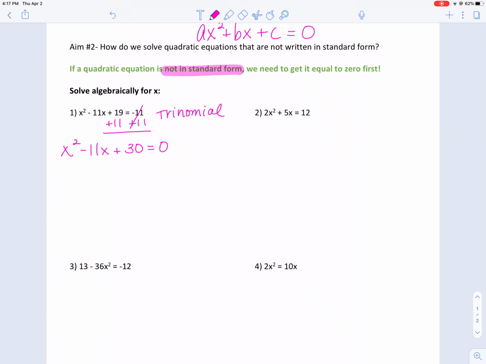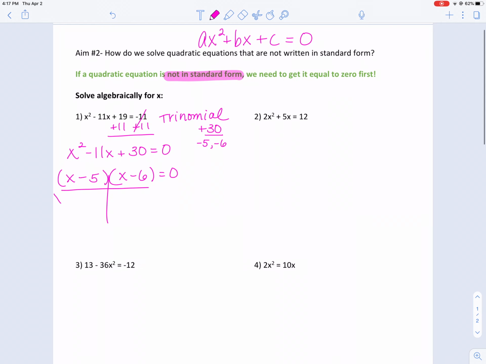And this is a basic trinomial. So we are going to ask ourselves, a is 1. We ask ourselves what multiplies to 30 and adds to negative 11. That would be the factors negative 5 and negative 6. So I'm going to use x minus 5 and x minus 6. Set it equal to 0.